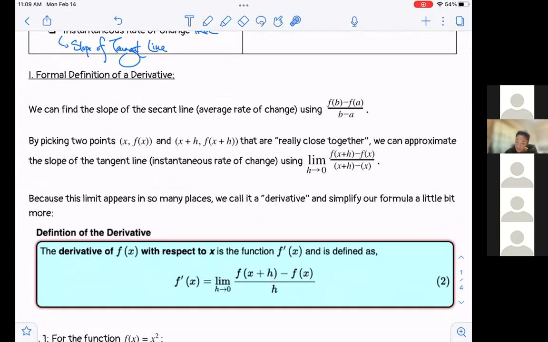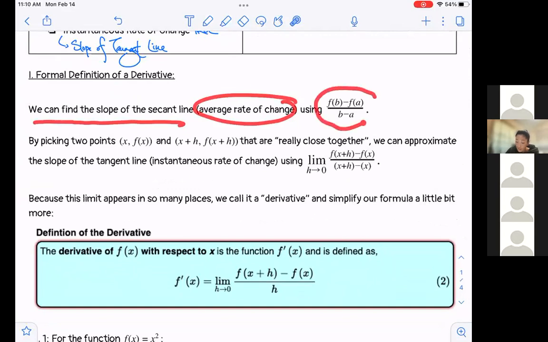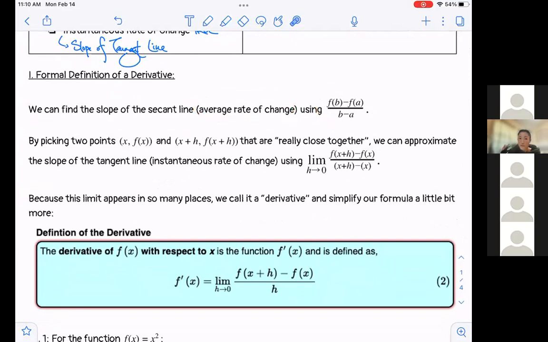All right, so this formal definition, lots of words here, but it really summarizes what we talked about at the very end of that previous section, okay? We can find the slope of the secant line, which we call the average rate of change, using this formula, f of b minus f of a over b minus a. And you all as real mathematicians were like, but why can't we just use that?